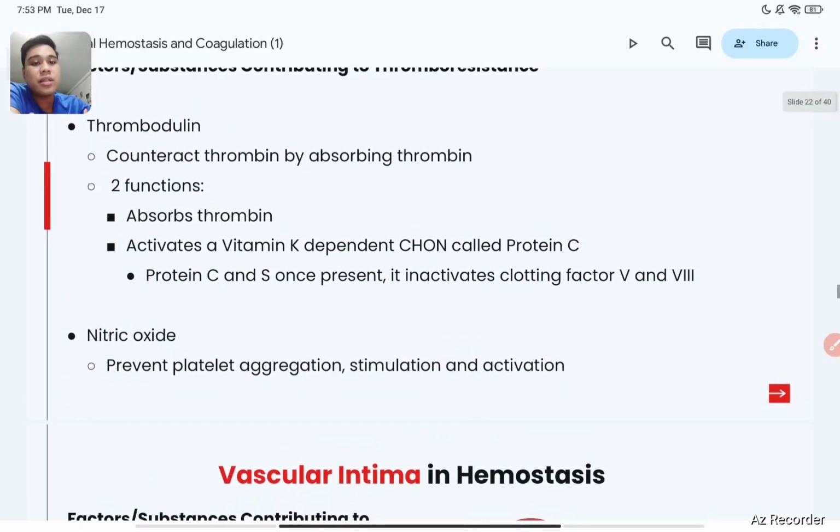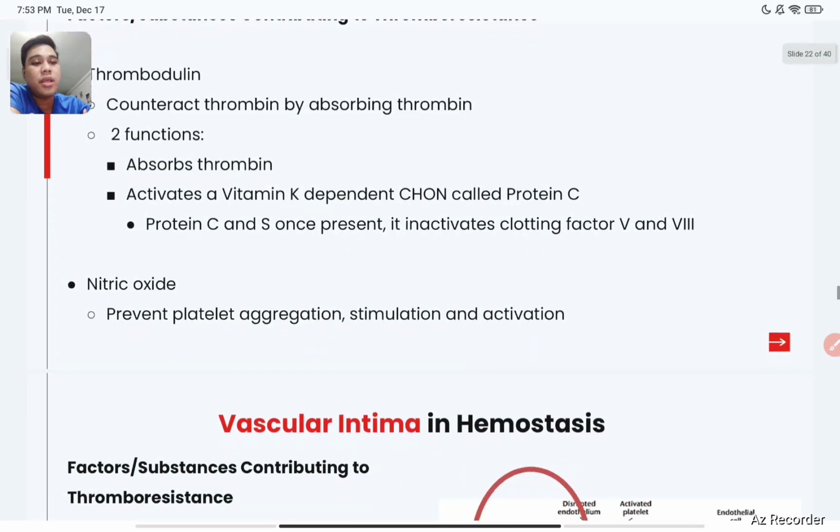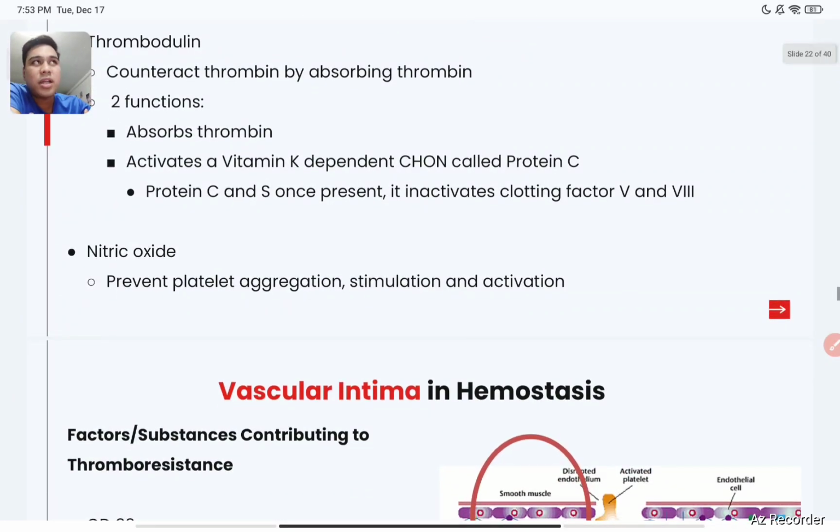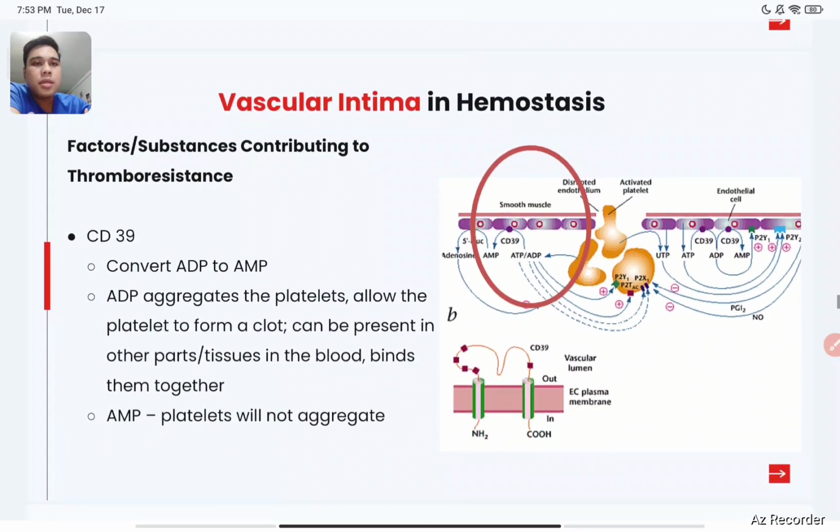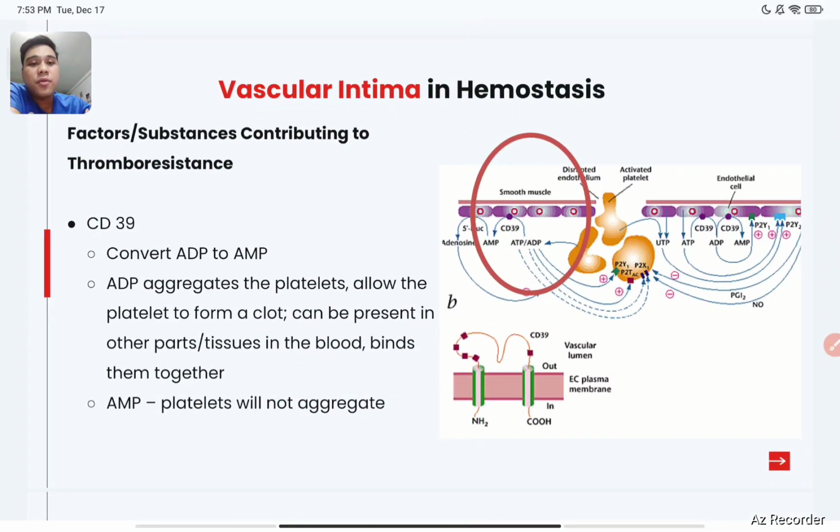And again, your nitric oxide prevents platelet aggregation, stimulation, and activation. But basically, yung pinaka-function talaga ni nitric oxide is vasodilation. Another one is your cluster differentiation 39 or CD39. Yung ginagawa nito is that it converts ADP to AMP. As we have learned before, ATP is the one that has energy, diba?